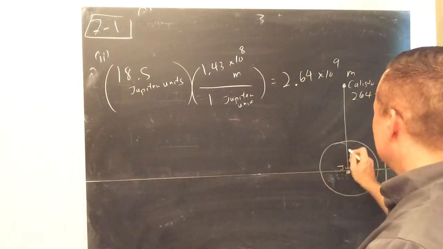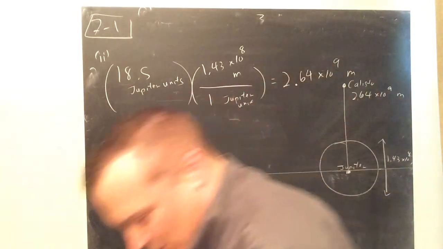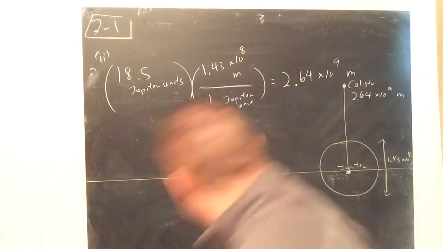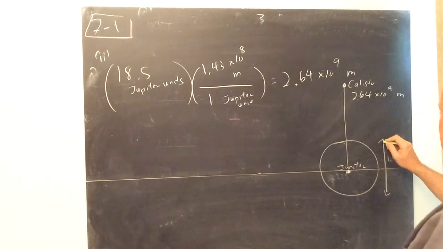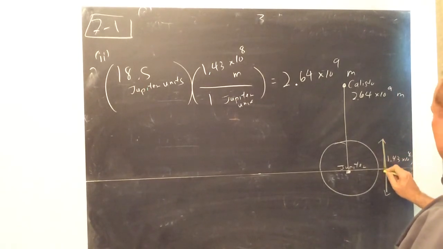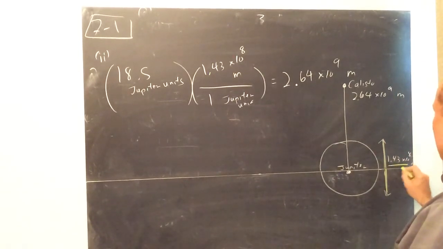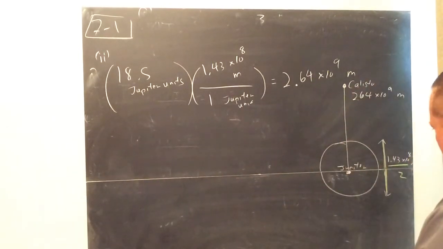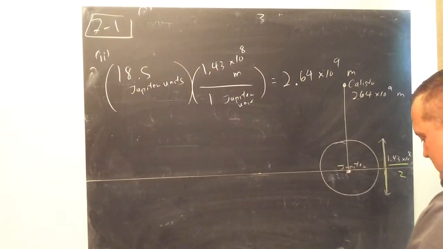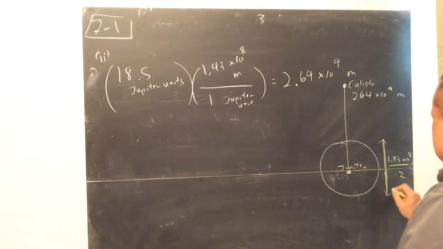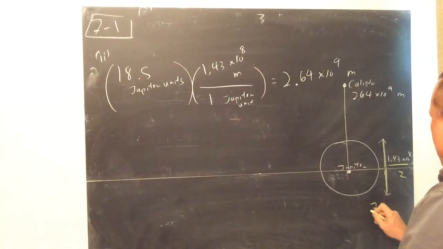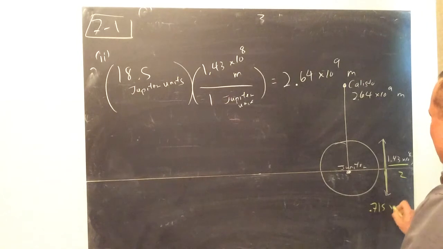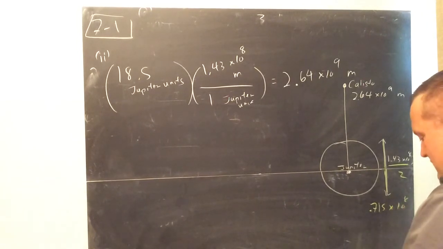Why do we need that? Because the radius of Jupiter is the diameter, 1.43 times 10 to the 8th, divided by 2, and that will give me the radius. So that is 0.715 times 10 to the 8th.